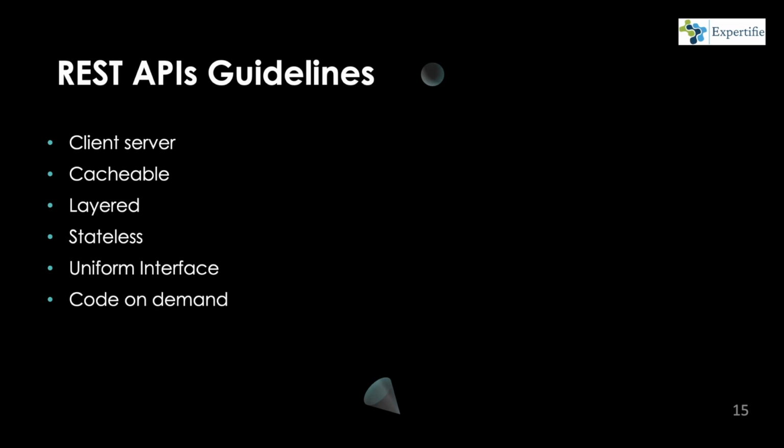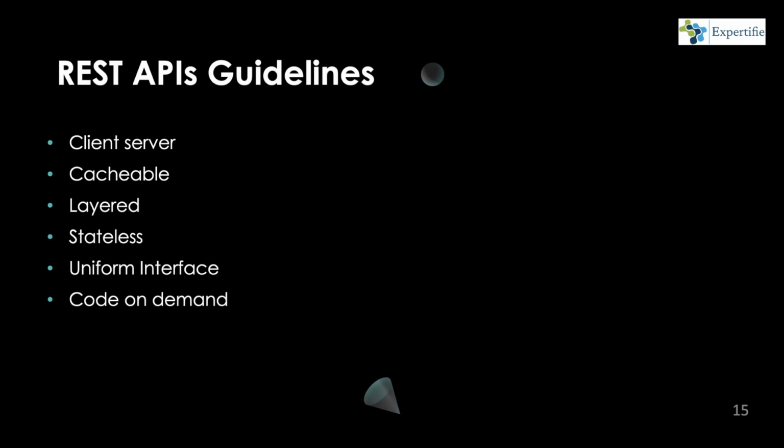Then fifth is uniform interface. Uniform interface just defines that whenever any data is being requested or modified by a client to the server, the interface to do so should always be uniform.